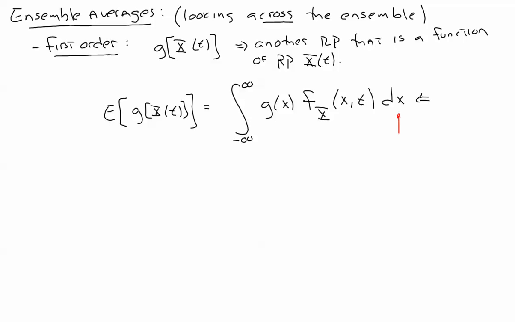And integrating from minus infinity to plus infinity means I'm doing a definite integral. Anytime I do a definite integral against a specific variable, in this case little x, I lose that random variable in the result. However, the time variable might be preserved. So in general, this expectation of a function of x is a time varying function.